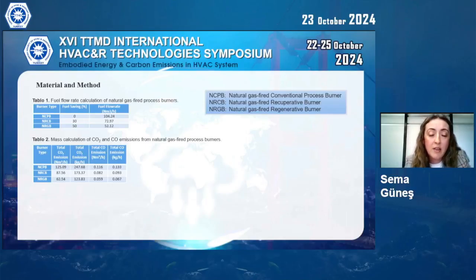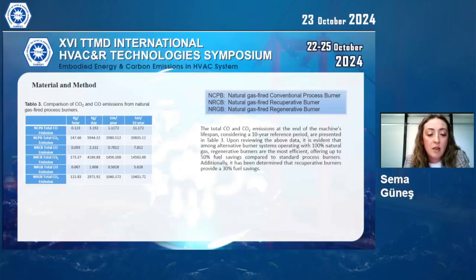Recuperative burners achieve a 30% reduction, and regenerative burners offer up to 50% saving. Looking at carbon dioxide and carbon monoxide emissions, it is evident that regenerative burners are the most efficient system in the long term.